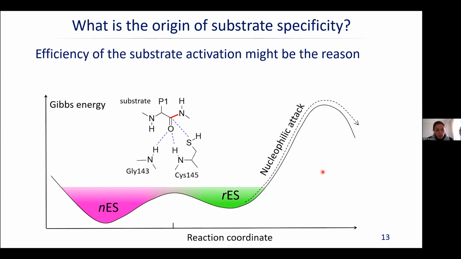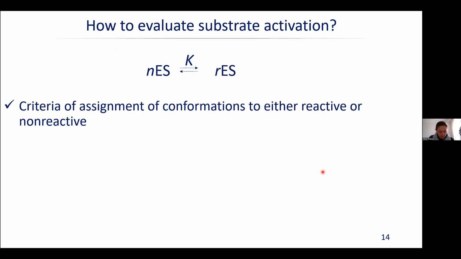So in the first example, we analyzed the Fukui function, but those were continuous distributions, and we wanted to find some criterion, some way to discriminate binary, non-reactive and reactive species.